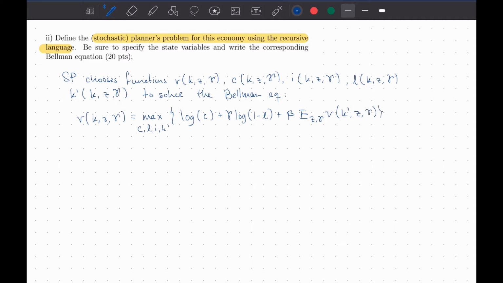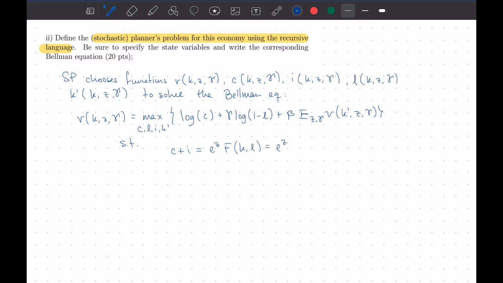This is my Bellman equation, subject to what? Subject to consumption plus investment equal to my production function, F(K, L).